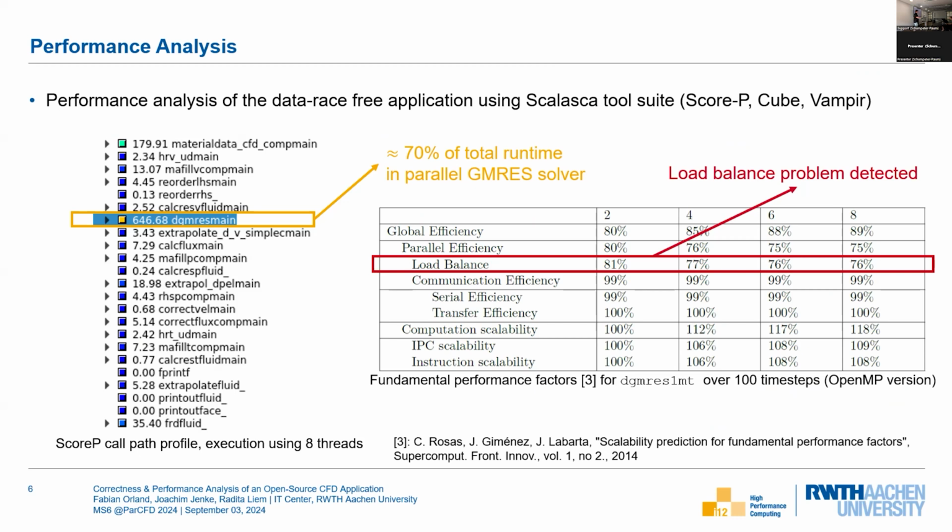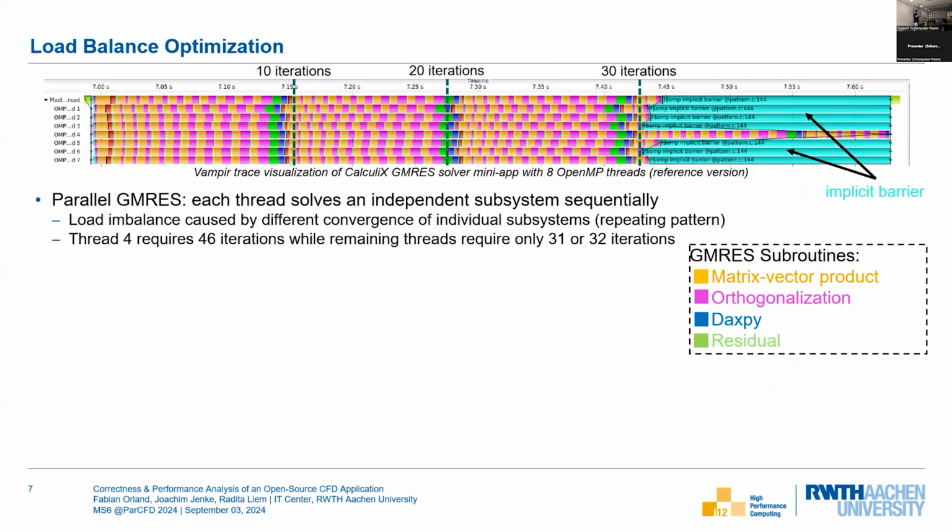There we had a deeper look into the code and looked at how this GMRES is actually implemented. There's a numerical trick such that the whole big system matrix gets chunked into smaller sub-matrices, and then each thread can solve a smaller independent GMRES problem sequentially.